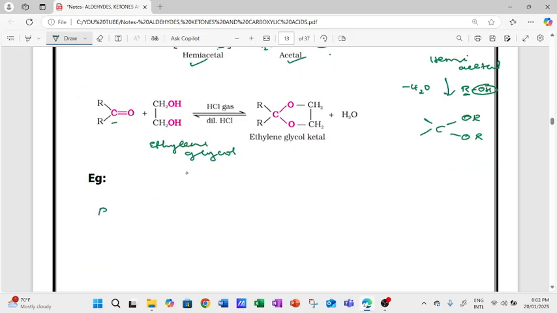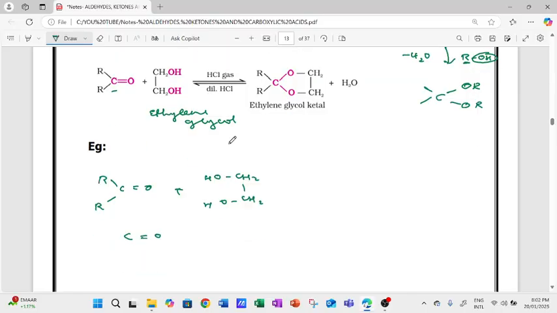You see, R, C double bond O, R, that is ketone, plus, to understand the reaction, I'm writing it the opposite way, like OH CH2 CH2 OH. So the carbon double bond oxygen will split in this way.